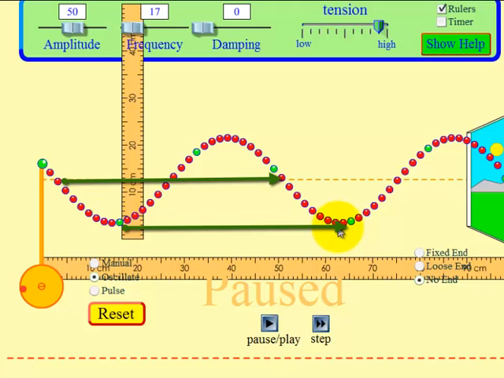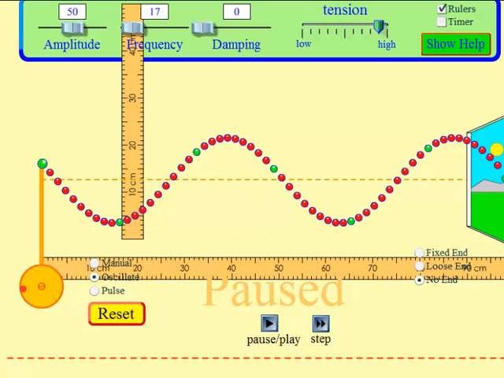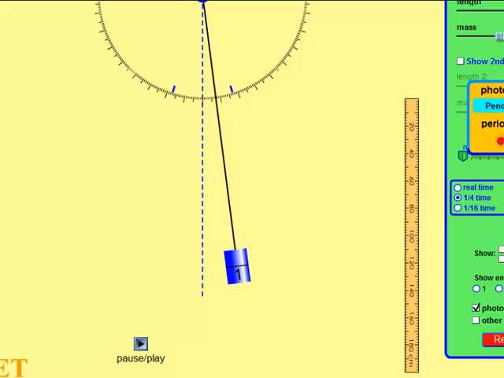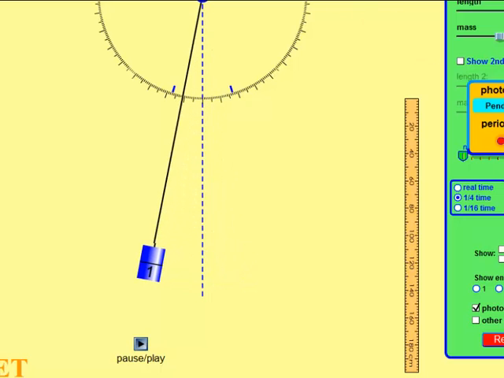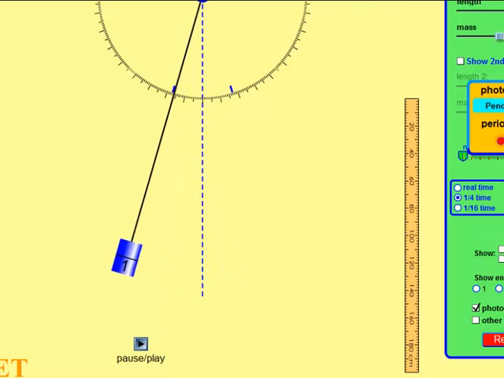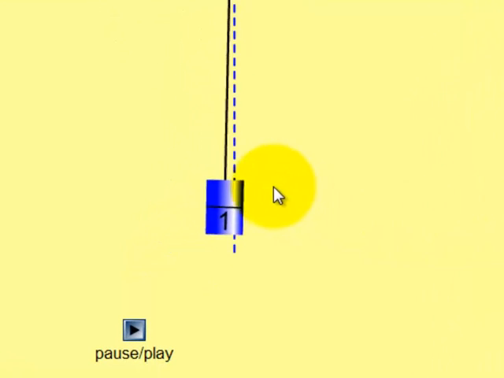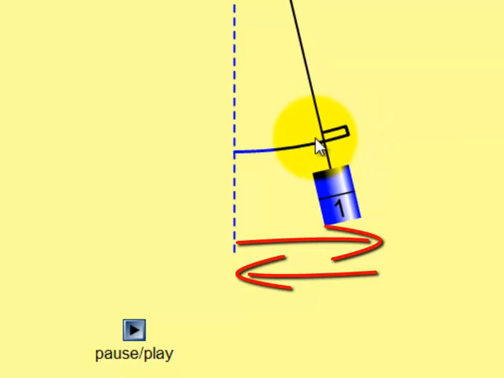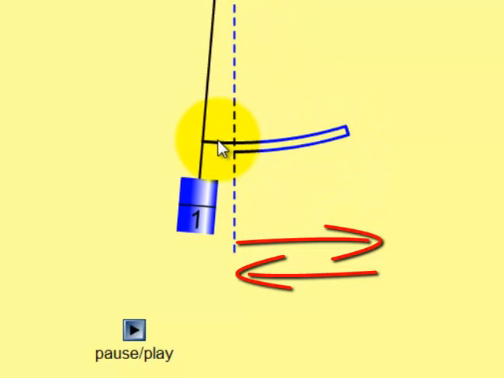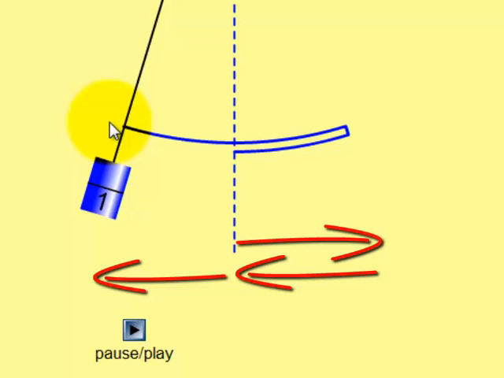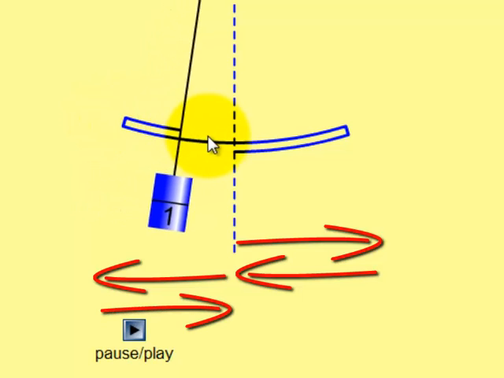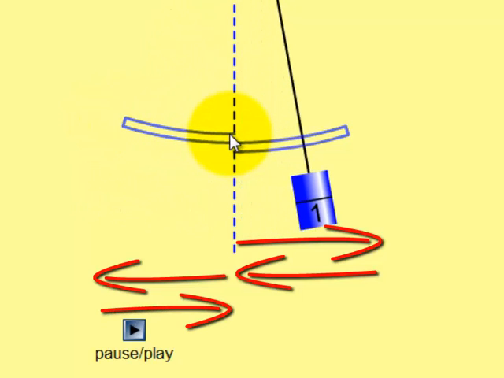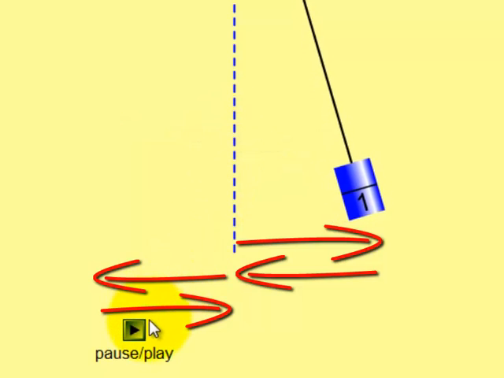Perhaps a simple pendulum would be better to illustrate what we mean by a complete oscillation. So let's go to the simple pendulum, and here we are. Now, a complete oscillation consists of this movement, this first quarter, another quarter, the third quarter, and the fourth quarter. That is a complete oscillation.